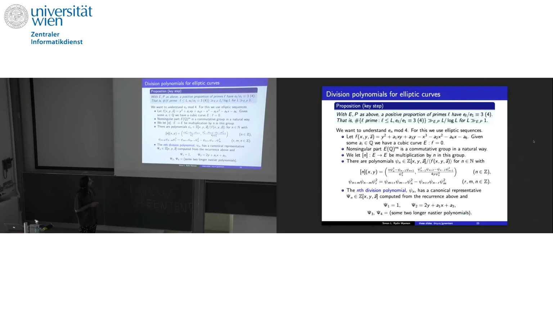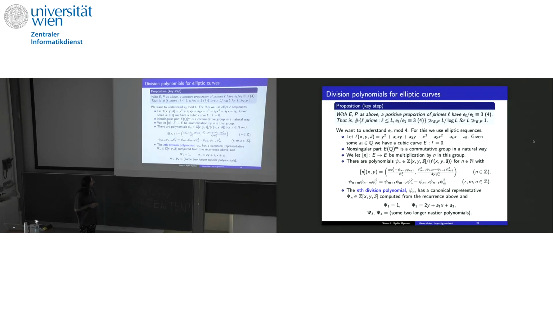So x and y are the coordinates of the point that we're multiplying by n, and a are the coefficients of the equation defining the curve. So this is something with integer coefficients in these variables in the ring of polynomials on this curve f equals 0, and in particular psi_n squared and 4y psi_n cubed are the denominators of this n times the point (x, y).